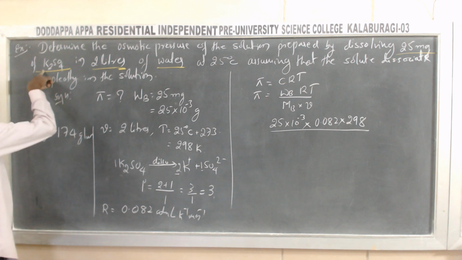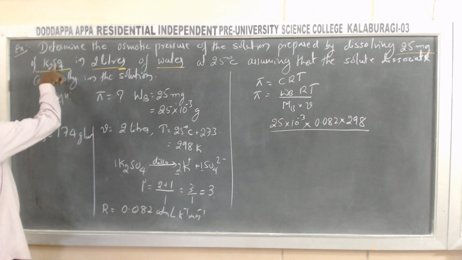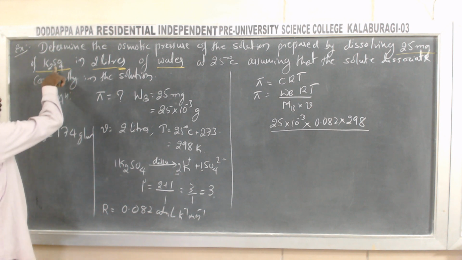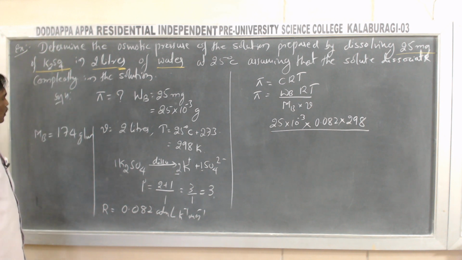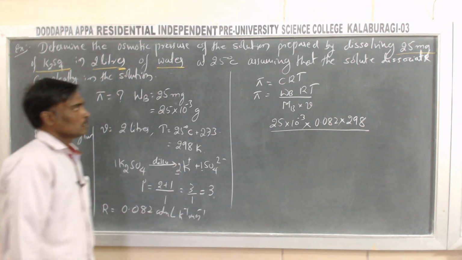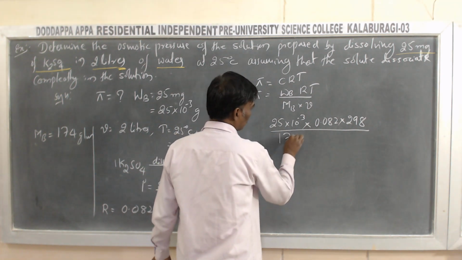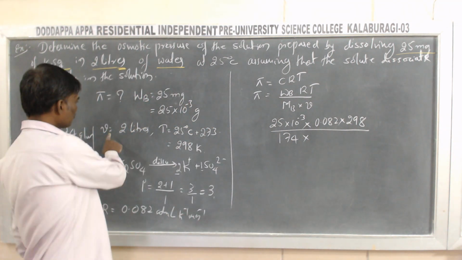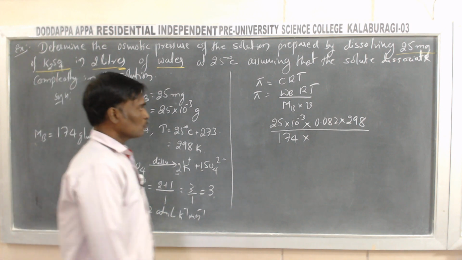So add potassium atomic mass, sulfur and oxygen: oxygen is multiplied with 4, sulfur, then potassium multiplied with 2. Finally add all the atomic masses, we get MB equal to 174. So here we substitute 174 into volume. Volume is measured in liters, already given as 2 liters.